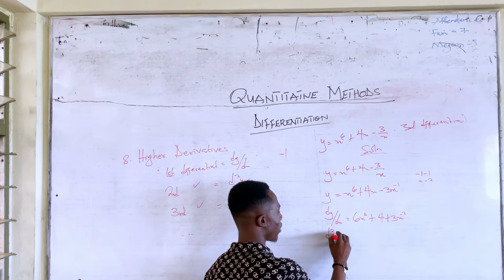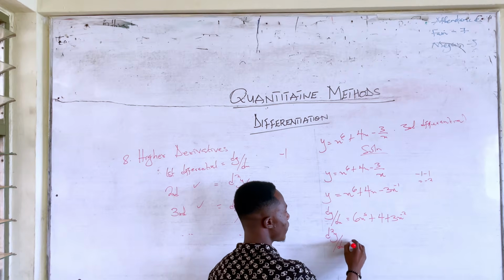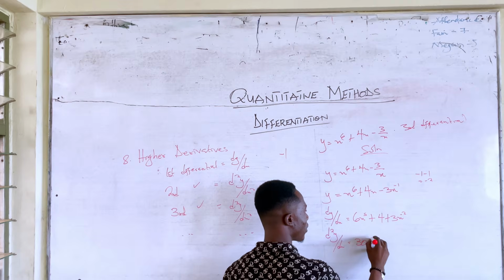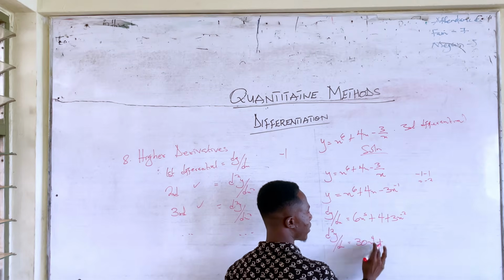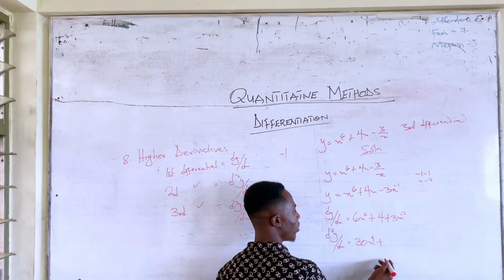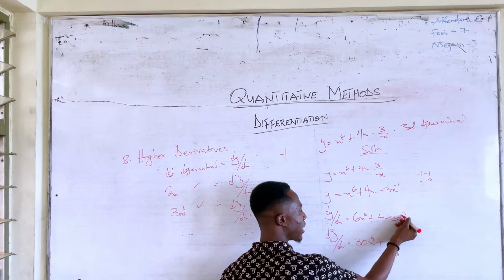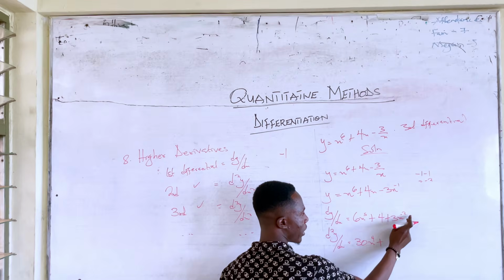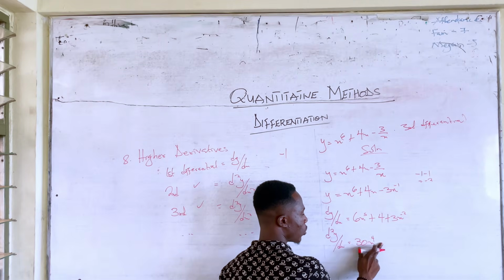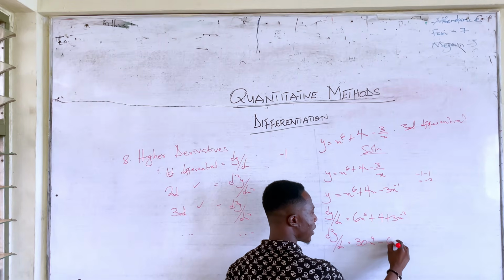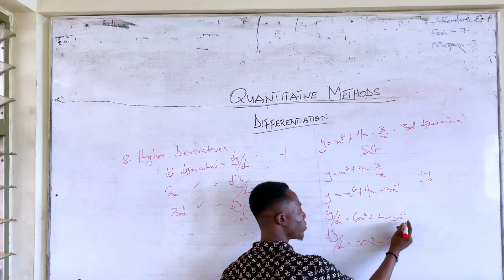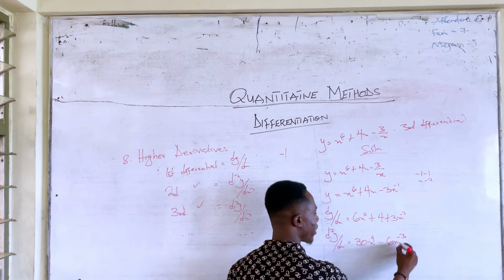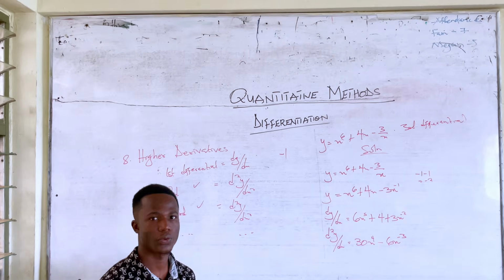The second differential: this 6 multiplies the 5 to give 30x^4, plus, when you differentiate 4, it is 0. And negative 2 multiplies the positive 3 to give negative 6, so negative 6x, then you reduce the exponent by 1, so negative 2 minus 1 is negative 3. This is the second differential.